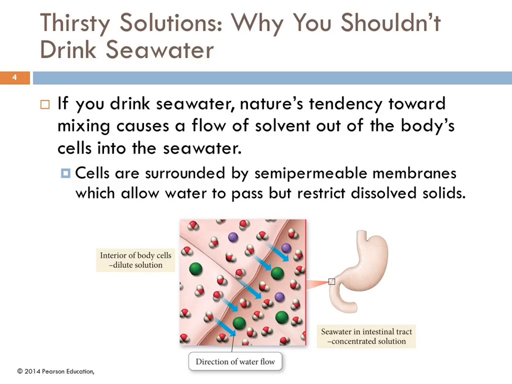But because of this tendency towards mixing, when we have a low concentration here and a high concentration here, the water is going to flow mainly in one direction, into the more concentrated solution. You can think of it as nature trying to equalize the concentration. It's like, here's high and low concentration. We don't like these things separated, so we're going to put more water over there to make it less concentrated. Well, what does that do? That causes your body to lose a lot of water.